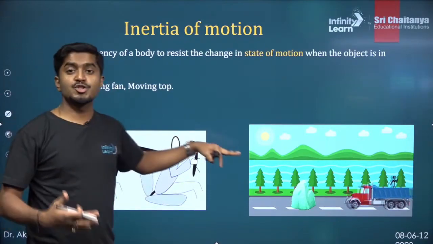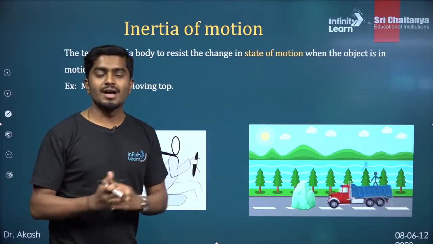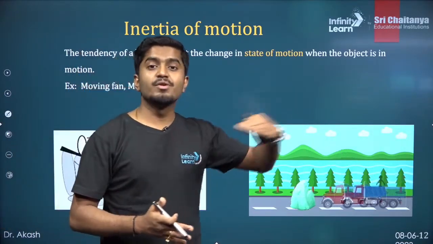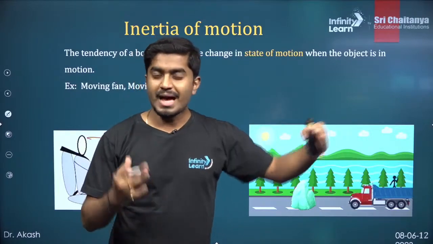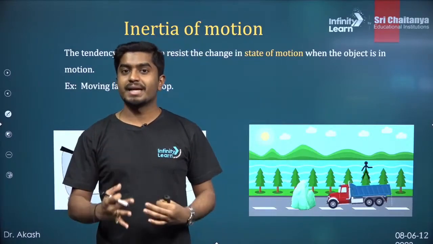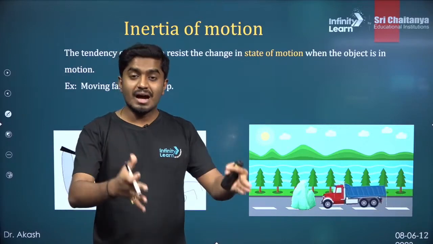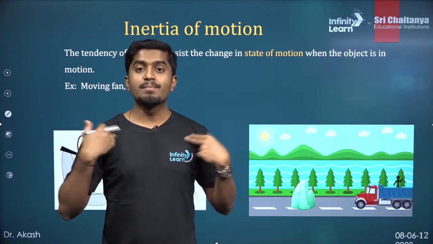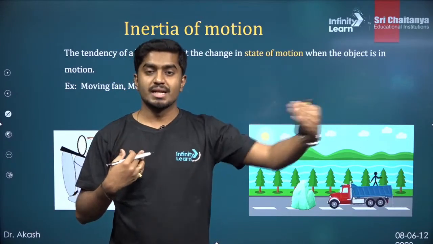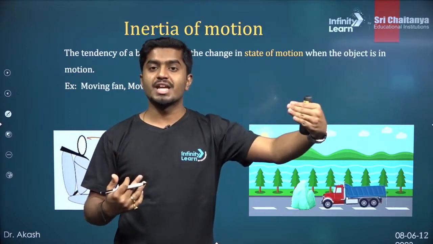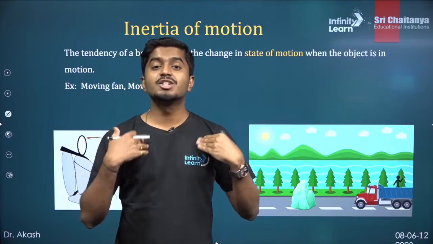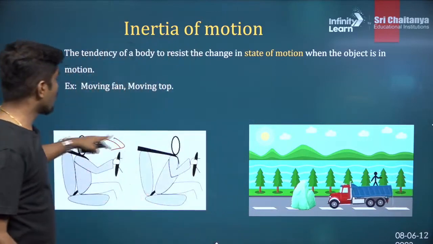Why are you pushed forward? Because you are inside a car moving with some speed, and suddenly the driver applies the brake. The car will come to rest, but our body is still moving in the forward direction, and that is why we get a jerk in the forward direction.